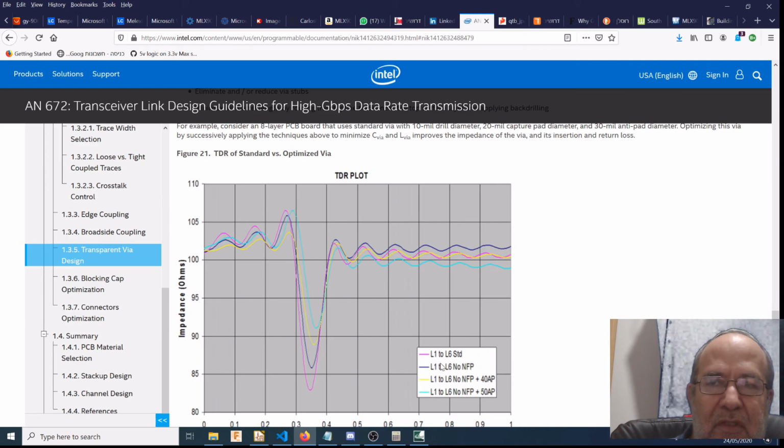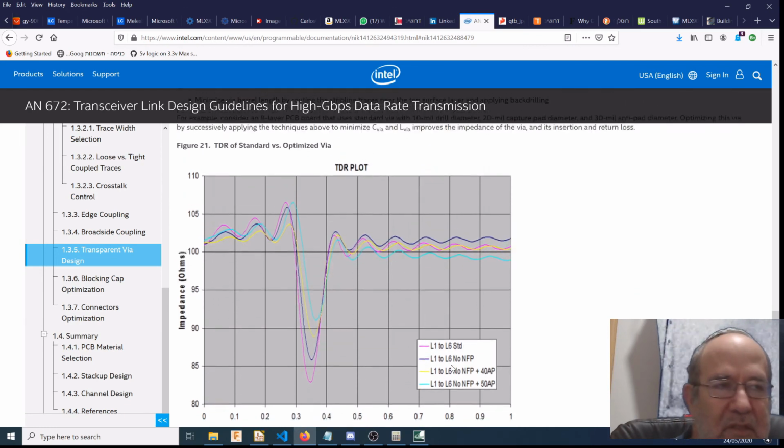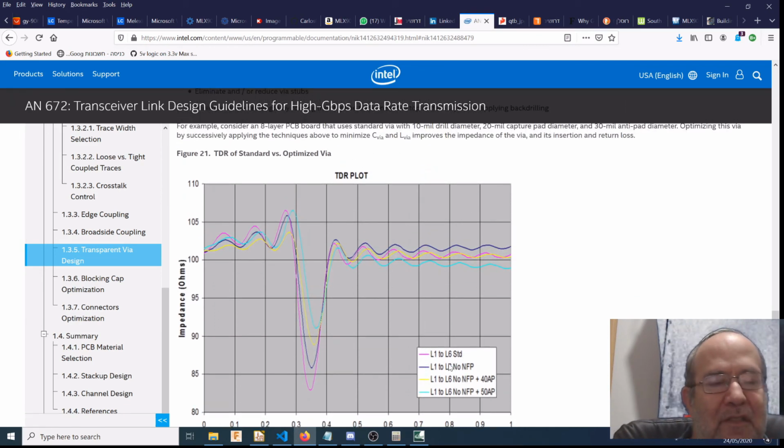They're showing it, I don't want to go into too much detail about this. If you are in a higher speed design which requires this, the way to get around this is to put vias to ground around your via, stitching vias around your via for the signal.